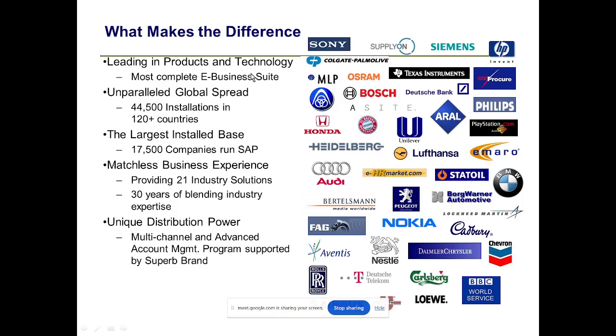Product and technology globally used, largest size companies are using, matchless business experiences, and unique distribution power, etc. You can see Sony, Siemens, HP, Robert Bosch, as well as Unilever, Honda, Audi, all German-based, BMW, Mercedes-Benz, Nokia, Cadbury, food industry, Nestle products, Novartis and Aventis.